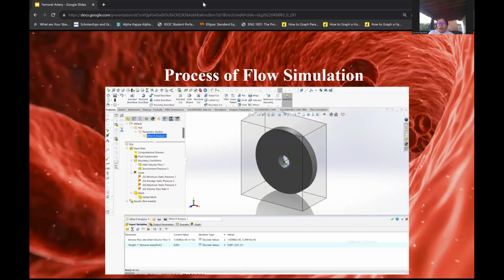Now, the process of flow simulation. While I was doing the flow simulation, I encountered an inlet flow, which I used as the blood flow going through. So as you can see in the flow simulation right there, you see the blood going through.